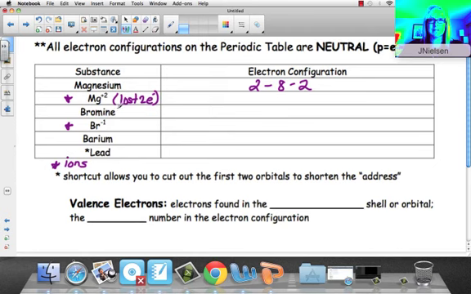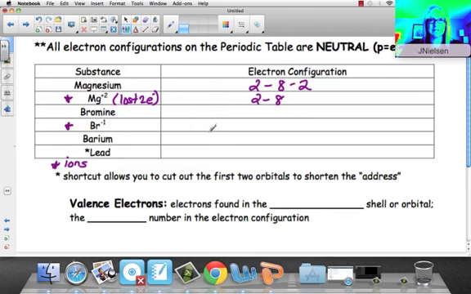You can always tell when something's lost electrons, because when you lose weight, you get smaller and you become more positive. So when magnesium lost electrons, it got smaller and it became more positive. So if it lost 2, its configuration is 2, 8.